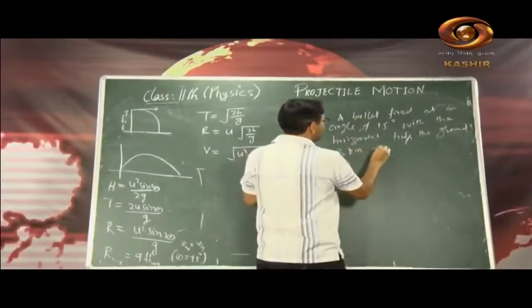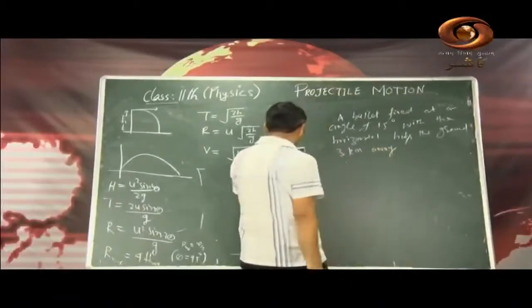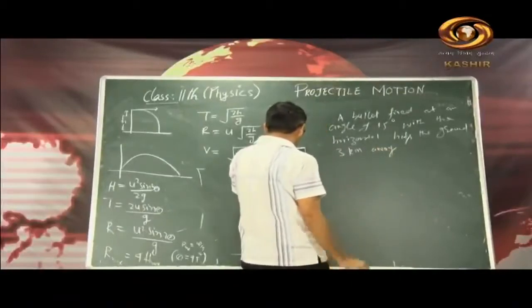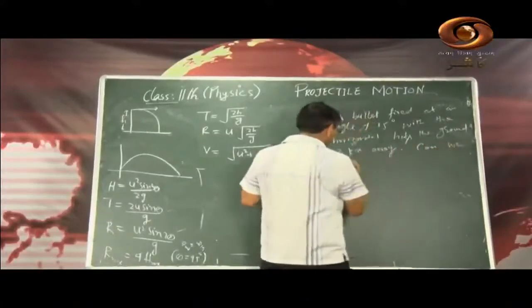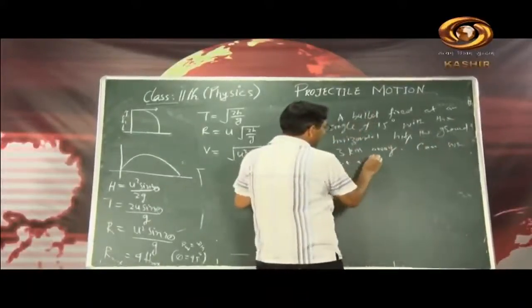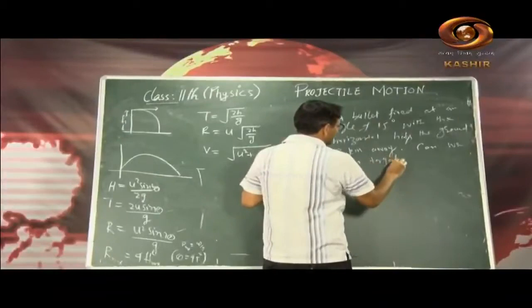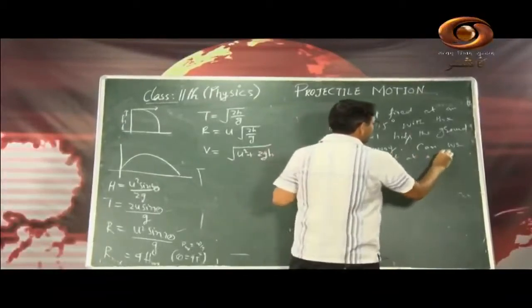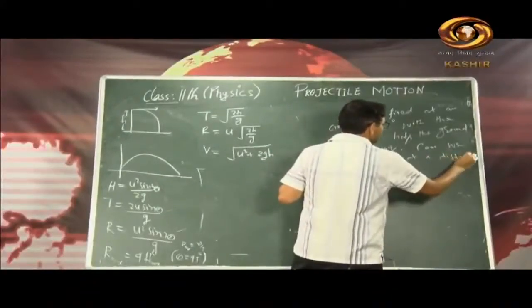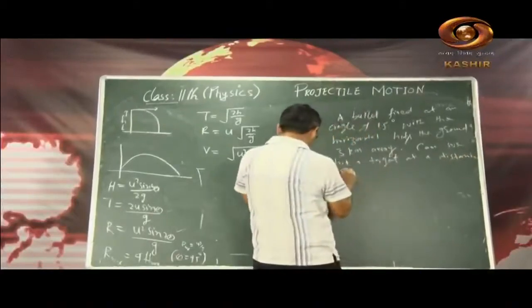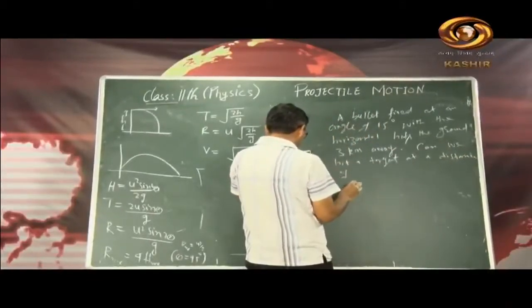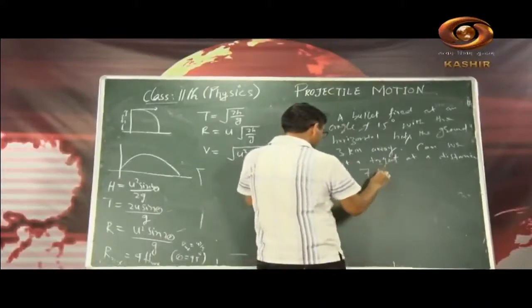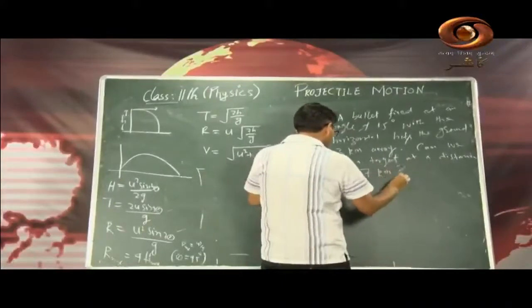This is written in the numerical. Can we hit a target at a distance of 7 kilometers? Can we hit?